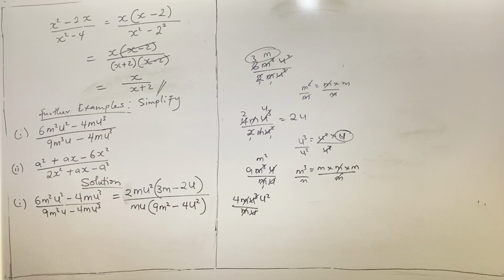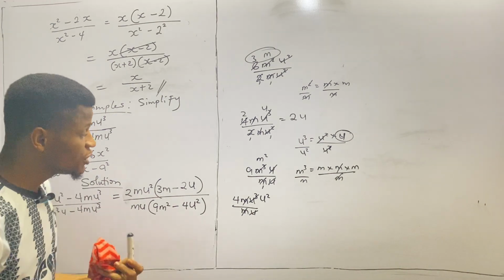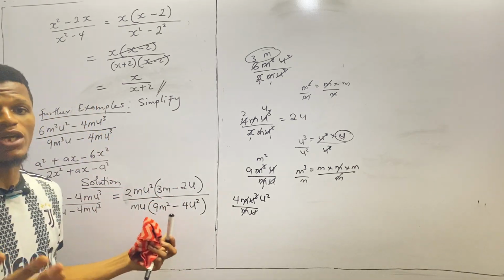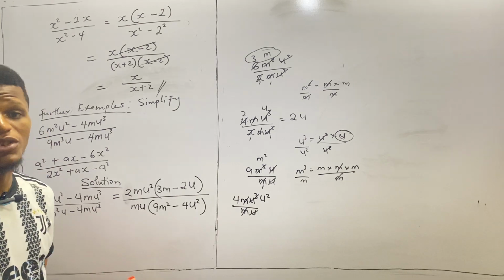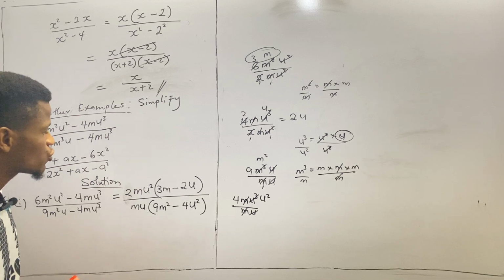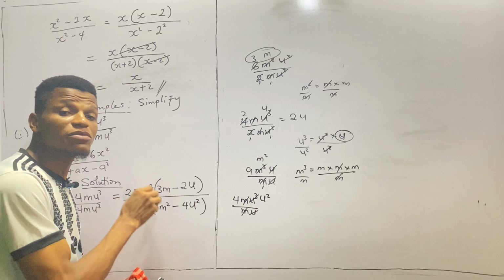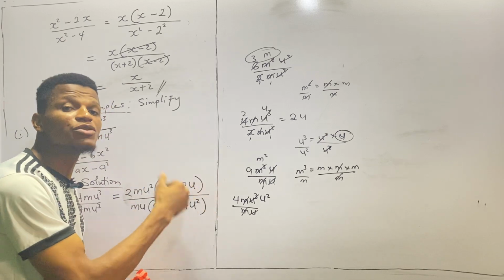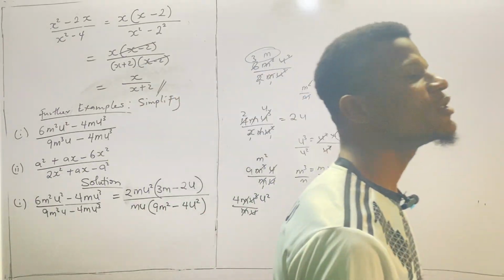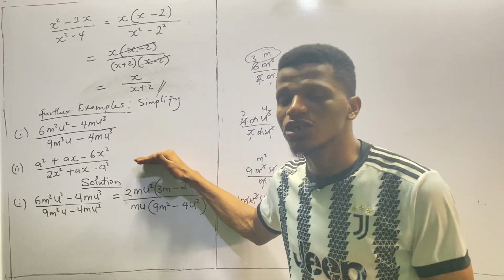So we have done the factorization. At this point, you can cancel any common factor you see if you wish. If you wish, you can still leave it and factorize completely. Then you can now cancel at once. Anytime you decide to cancel, you can cancel. But make sure that before you cancel, there must be an existence of multiplication between whatever you are cancelling and the remaining terms, both in the numerator and what?